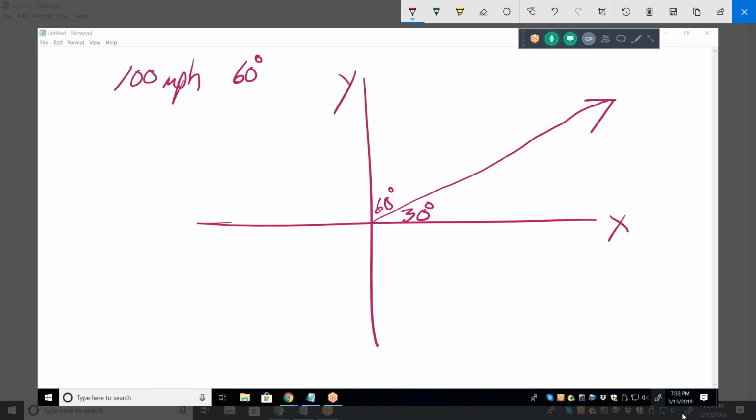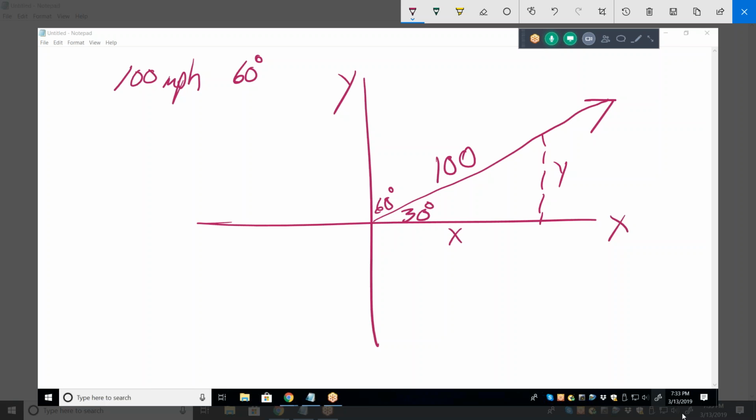And the magnitude of that vector is 100. If I make a triangle like that, with this dimension being x and this dimension being y, now give me a trig function that gives me that.